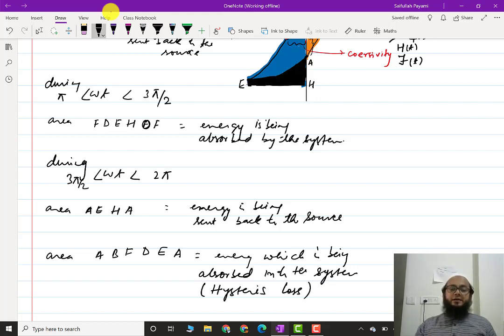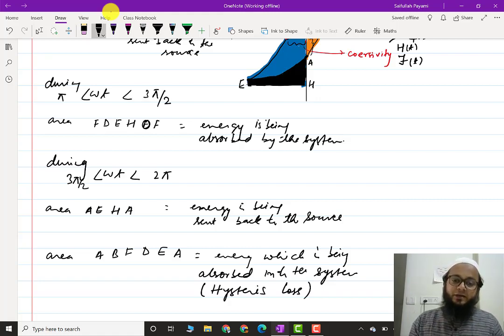Because in every cycle what is happening is that the domain is getting aligned in one direction. For the positive cycle of the current, the domain is aligning in one direction, and for the negative direction of the current, the domain is realigning in the opposite direction. So obviously you need some energy to change the direction of the domains, right?